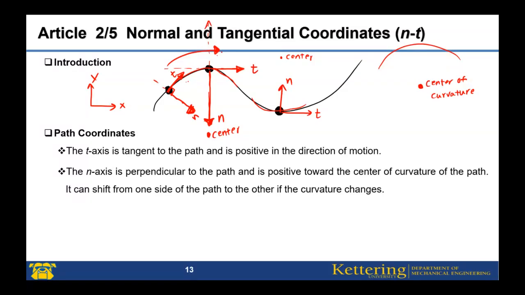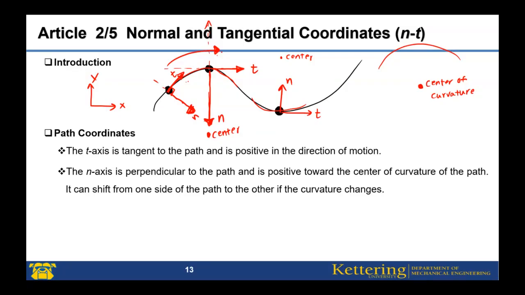Let me help you. If you compare with the previous content I just told you about curvilinear motion in the XYZ coordinate system, what are their differences?